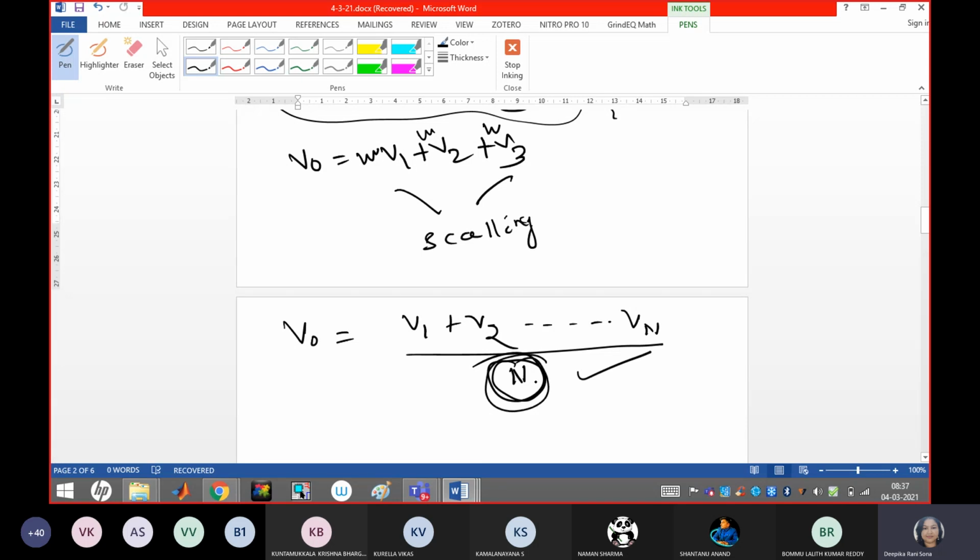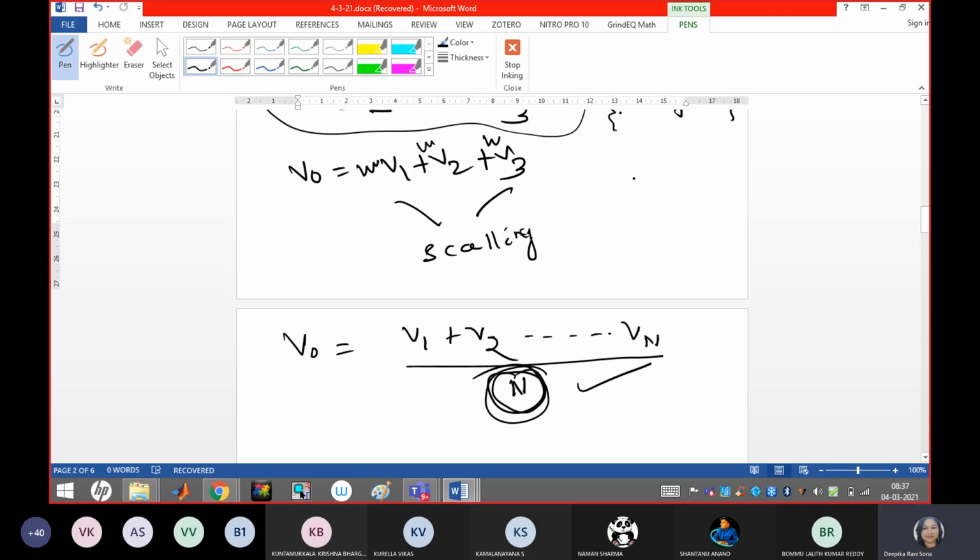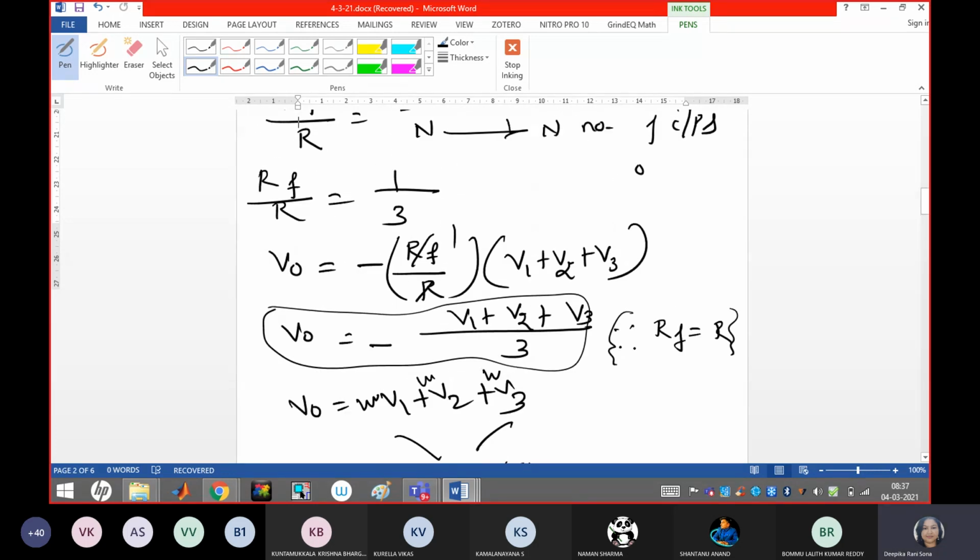From that Rf by R only you may get this n. That's all, very simple. Either you may go for the 1 by 3 concept, or if you are getting that Rf equal to this one, you may go like this also. No issue. Any doubt?